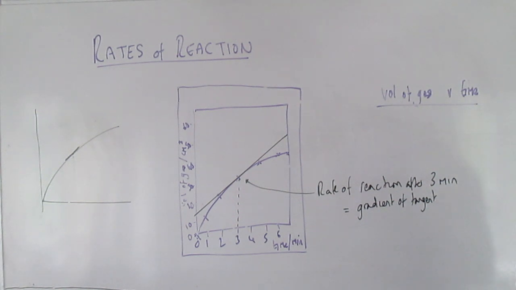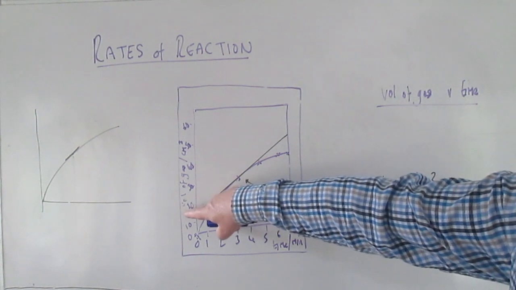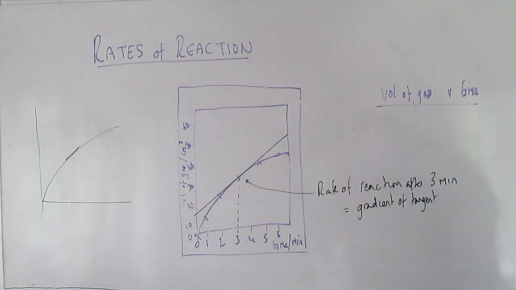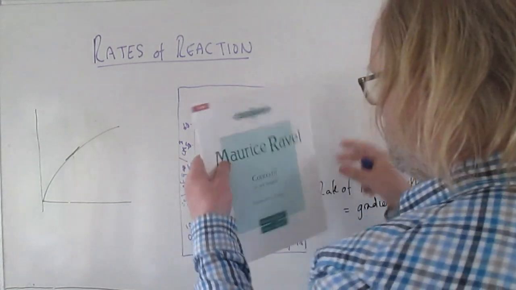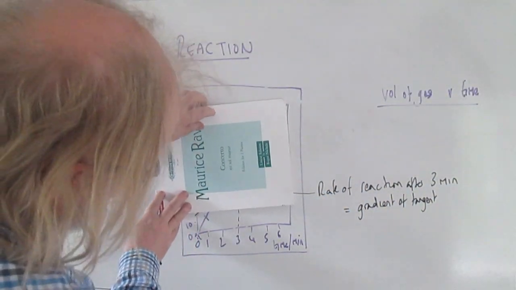What does a gradient mean? Well, it means the vertical change divided by the horizontal change. So what you would do would be to draw a triangle, and as I say, the bigger the triangle, the better.